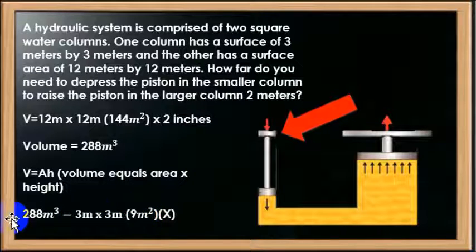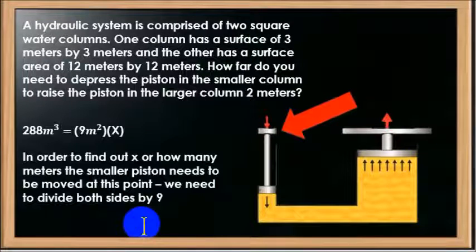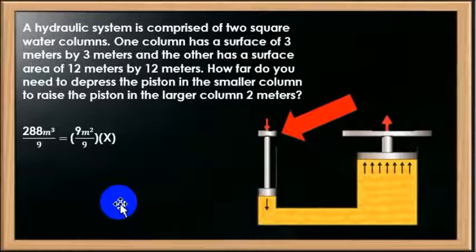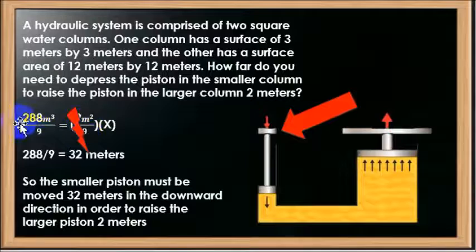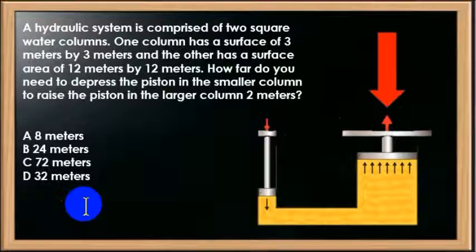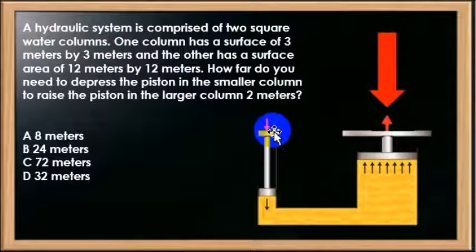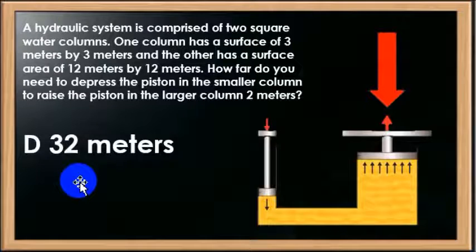We divide both sides by 9. These two 9s cancel out, which leaves us with 288 divided by 9, and we get 32 meters. So the smaller piston must be moved 32 meters in order to move the larger piston 2 meters. D is our answer.